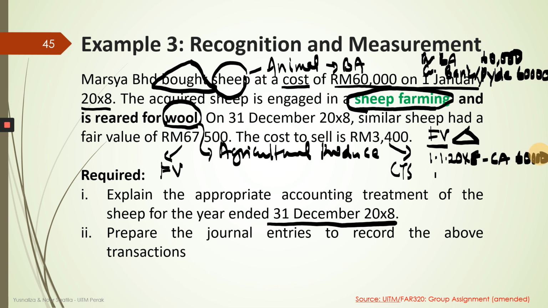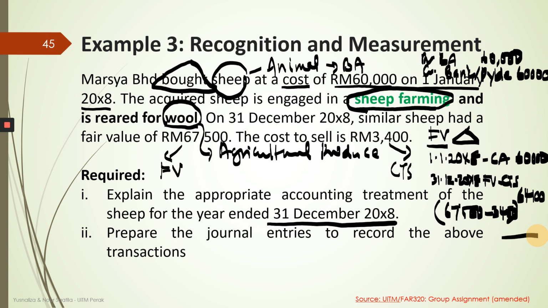And this is 60,000. On 31st of December 20x8, the fair value less cost to sell: fair value was 67,500, cost to sell was 3,400, so you'll get 64,100, right?